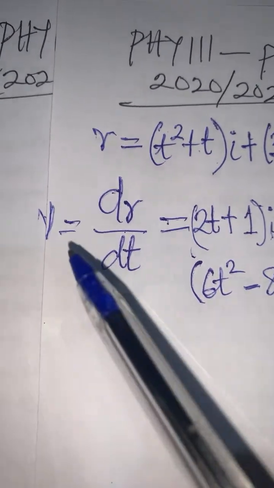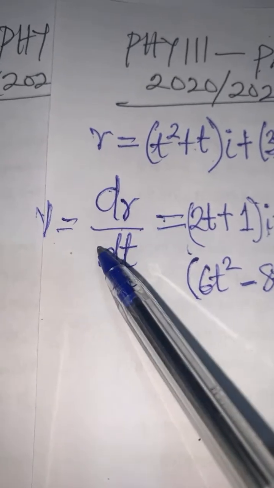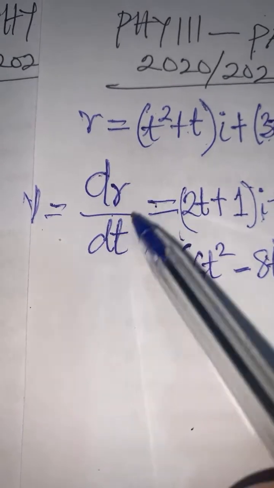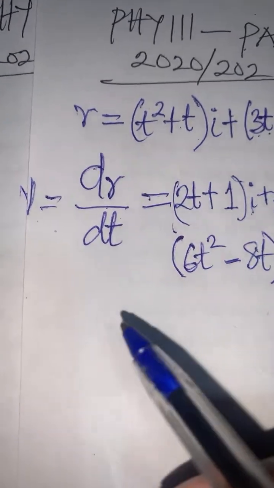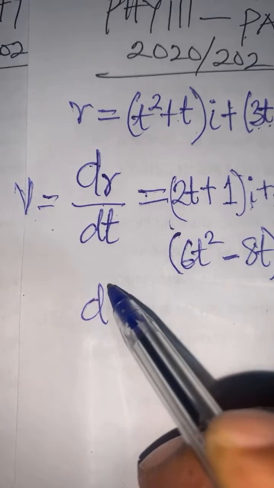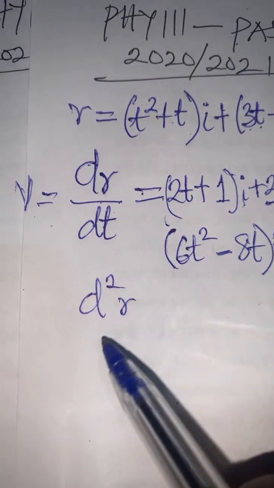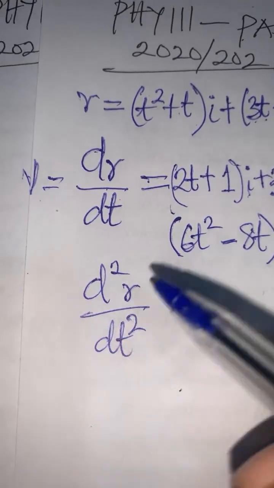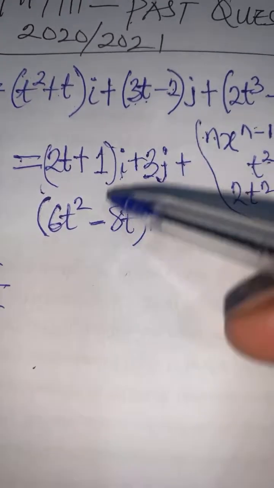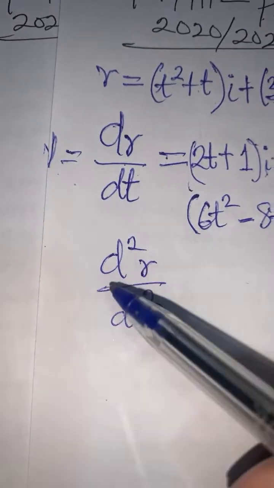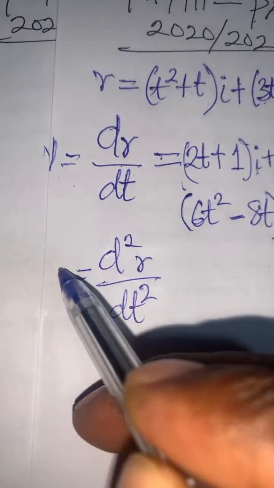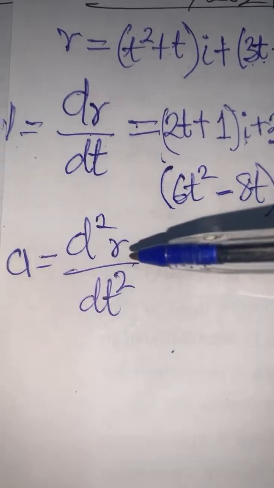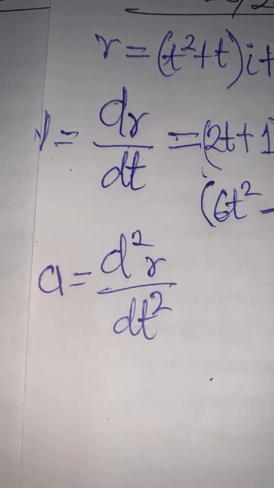So if we're able to get velocity, it's simple that we can get acceleration. And for us to get acceleration, we take the second derivative. What I mean by second derivative is to add 2 like this to the d and the t squared. This is talking about the second derivative, meaning that you should differentiate this again. And if you're taking the second derivative, it means you're talking about acceleration, because acceleration is talking about the change in velocity. Are we following?